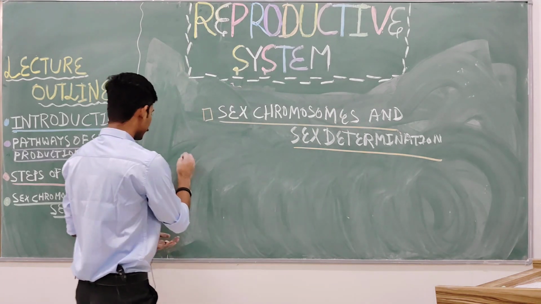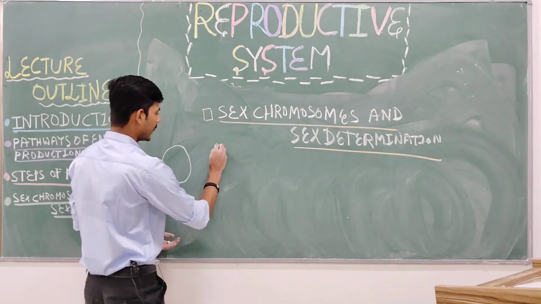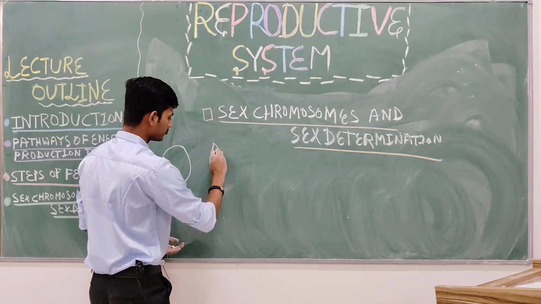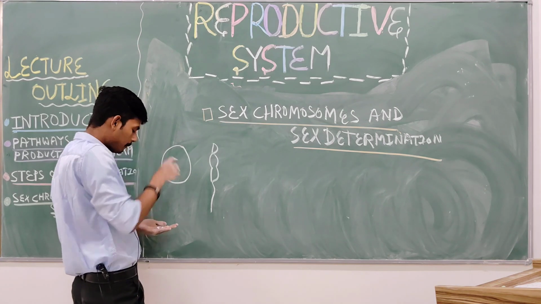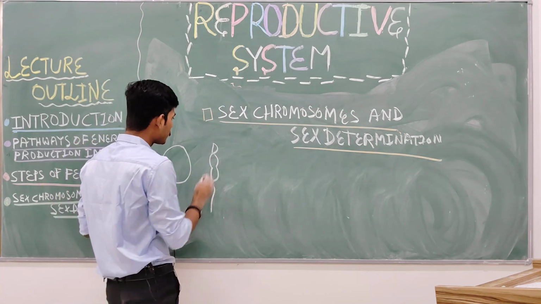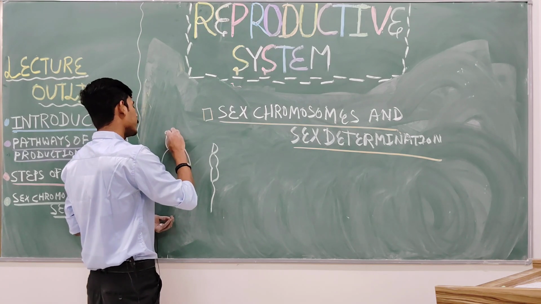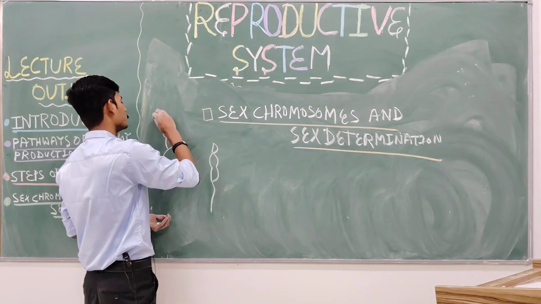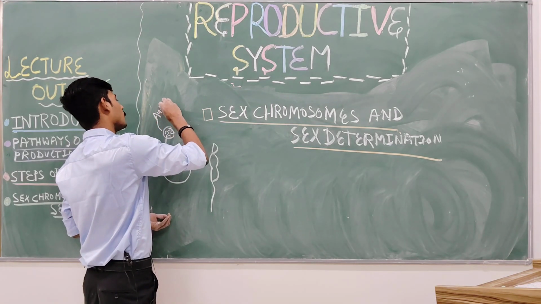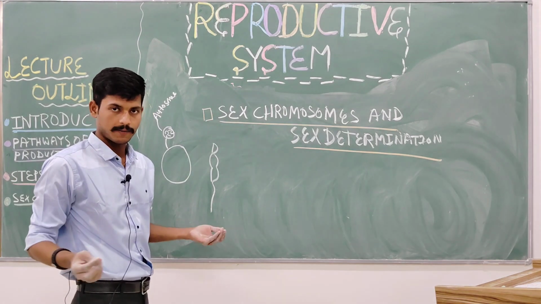As you have seen, both the ovum and sperm are haploid. The haploid content of 22 chromosomes is referred to as the autosomes, which are responsible for the vegetative development.